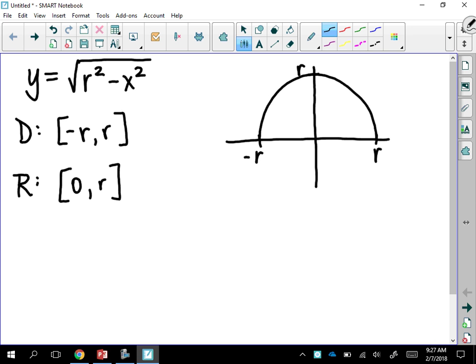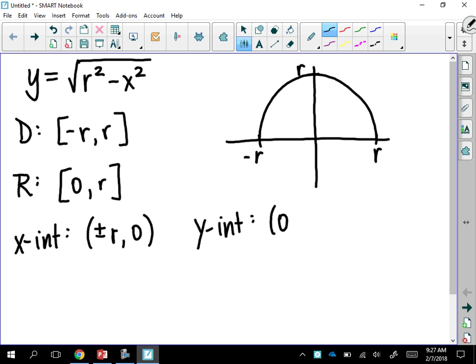Any x-intercepts? Yeah, positive and negative r. So our x-intercepts would be at plus or minus r, 0. Does it have a y-intercept? Y-intercept is 0, r. Does it have any minimum values?